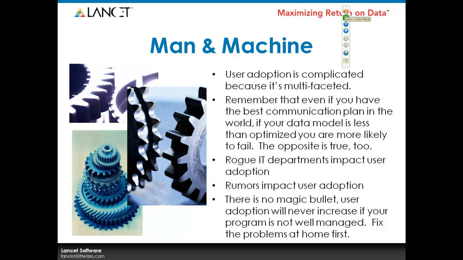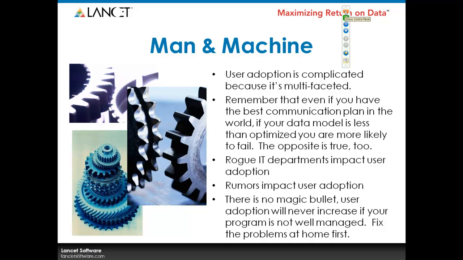And finally, we all have to keep in mind that there's no magic bullet. There's no easy way to fix this. You can't just take a pill. User adoption will never increase if your program isn't well managed. If there's a fundamental flaw in how your program is constructed, regardless of where that resides, whether it's in project management or your service level agreements with data warehouse availability.